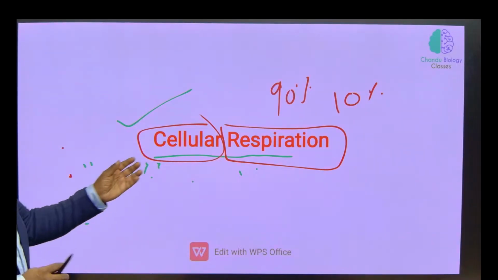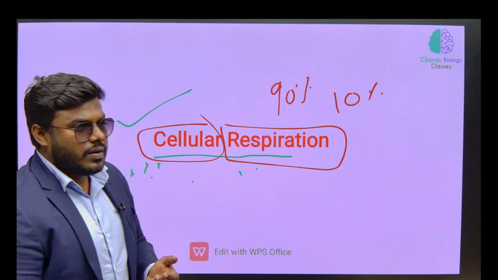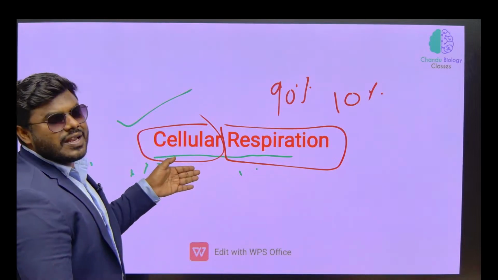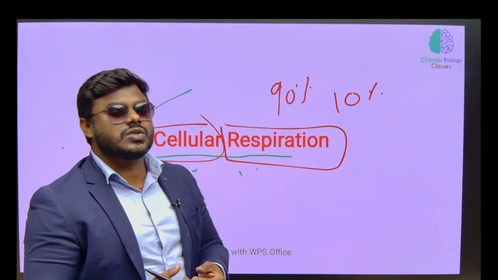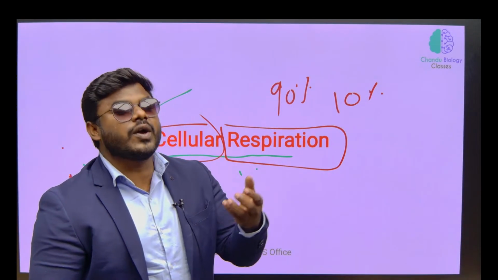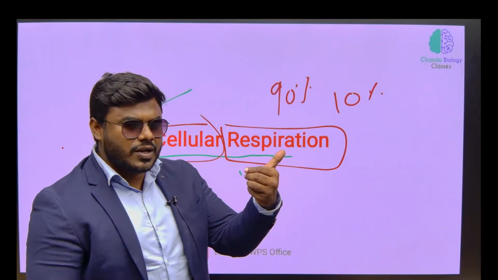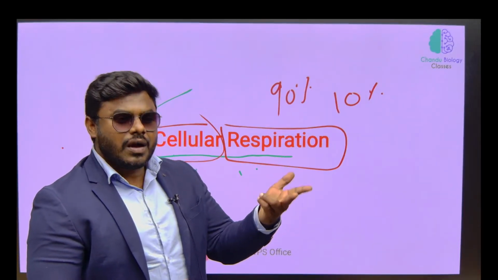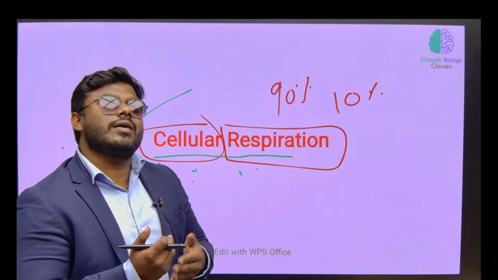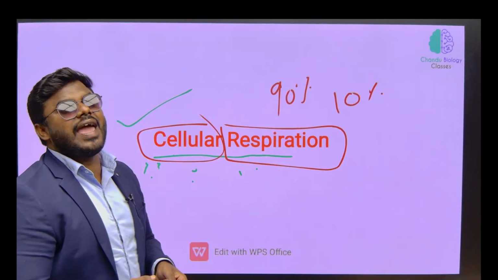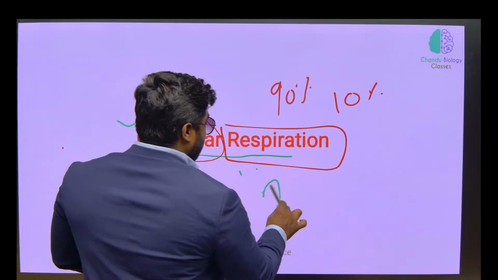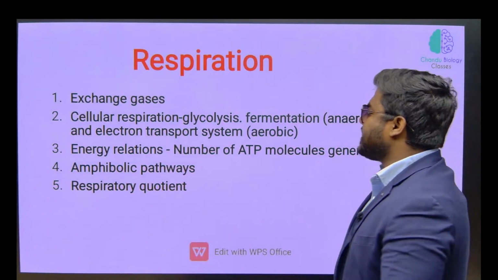What is cellular respiration? Very good. Cellular respiration is a process of oxidation of biomolecules. What are those biomolecules? Proteins, lipids, carbohydrates. Why do we have to break them? To produce energy. What is that energy? ATP and NADPH. In very simple words.